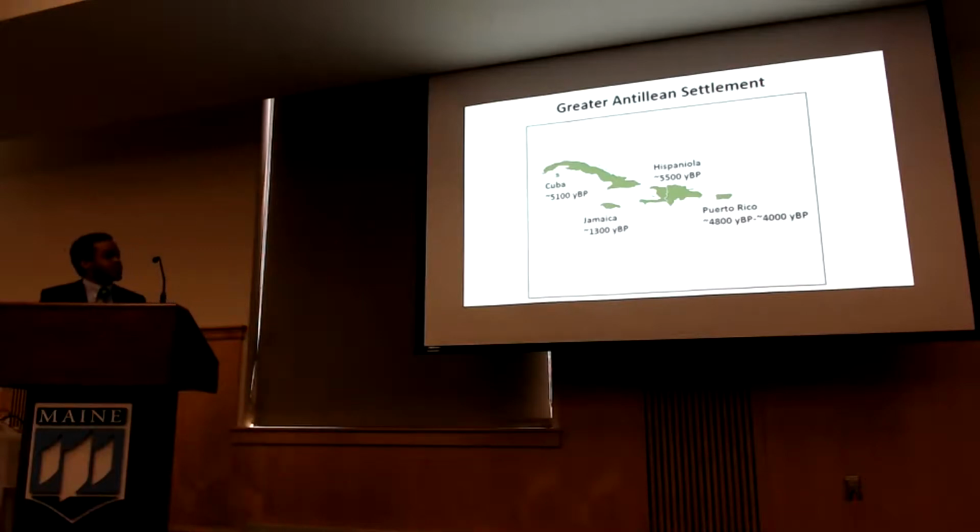Based on radiocarbon archaeological dating, Cuba was settled approximately 5,100 years before present, Hispaniola approximately 5,500 years before present, and Puerto Rico based on a series of dates between approximately 4,800 to 4,000 years before present. And Jamaica was settled 1,300 years before present, which begs the question, why is it that these large nearby islands were settled at such an early date in comparison to Jamaica?